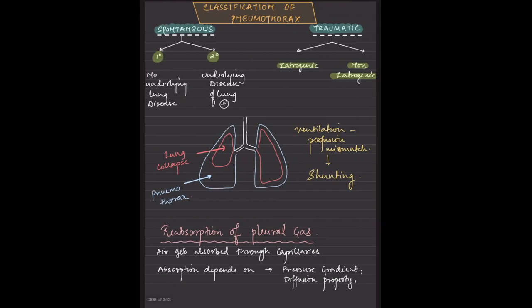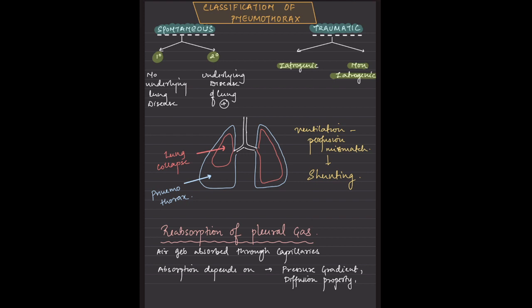Classification of pneumothorax: it is spontaneous or traumatic. Spontaneous means it will happen as a sudden onset event, and it can be primary or secondary. Primary means there is no underlying lung disease, and in secondary there is certain underlying lung disease. We will see what the associated lung diseases are.